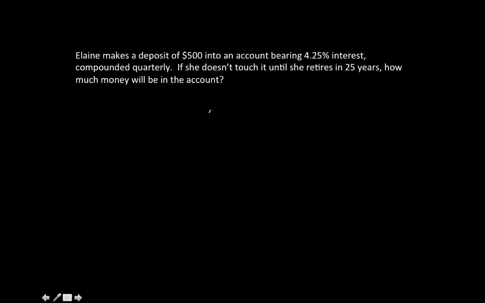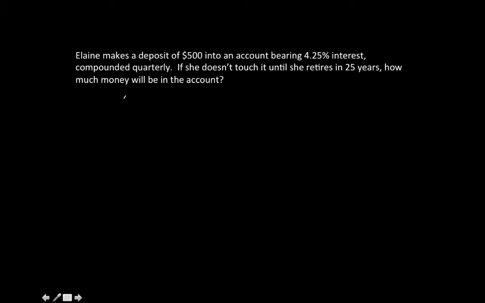So if she had $100, they'd give her one fourth of 4.25, so they'd give her $1.06 in interest at the end of 3 months. And so then 3 months later, they'd calculate the interest based on her having $101.06 instead of just 100.